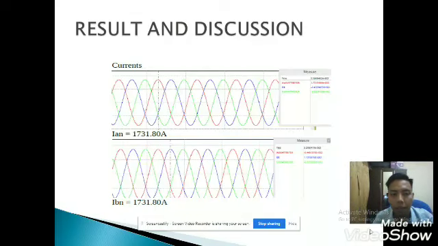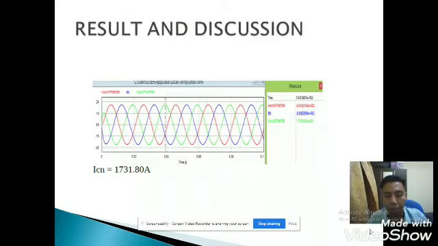For current, we get for IAN from the graph 1731.80 ampere. For IBN, 1731.80 ampere.